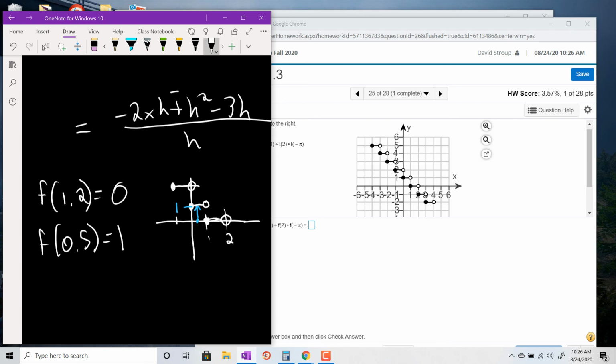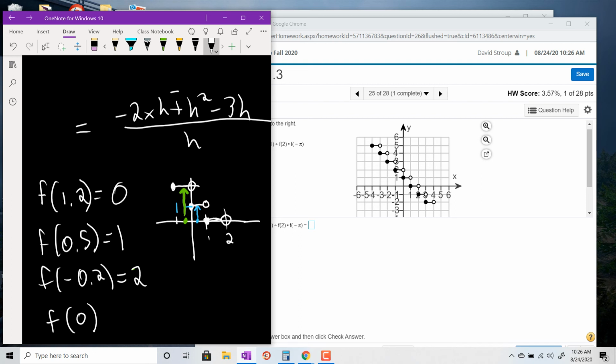Let's take a look here. F of negative 0.2. Maybe I'll put it in green. Negative 0.2 is about right here, and if you go up to the graph, you're going to be at positive 2. So what happens for f of 0?